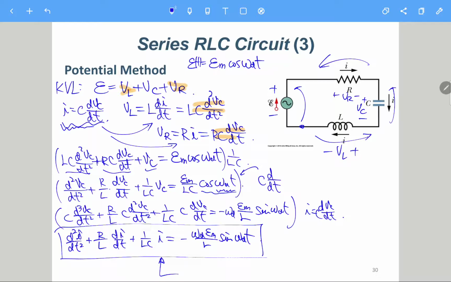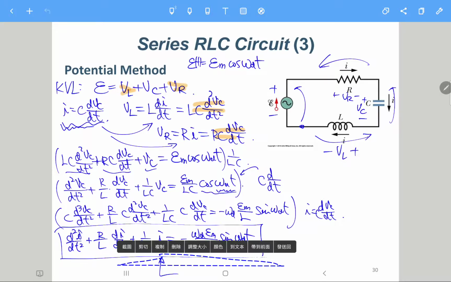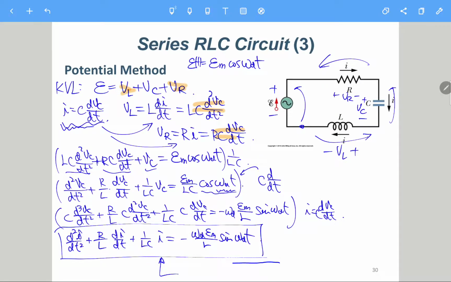For the phasor, as I mentioned, we don't really care about the homogeneous solution. Of course, if you really need to find the complete solution, you need to find the homogeneous solution first, and then find the particular solution.